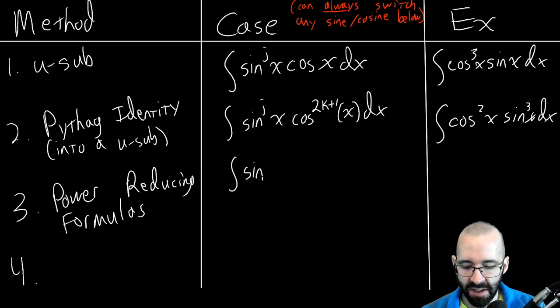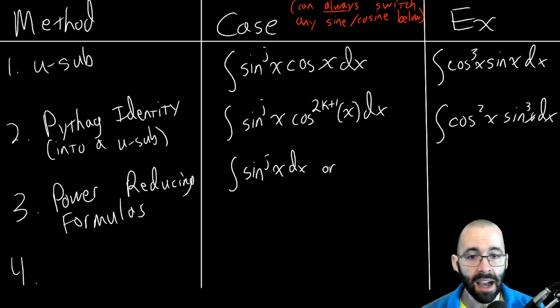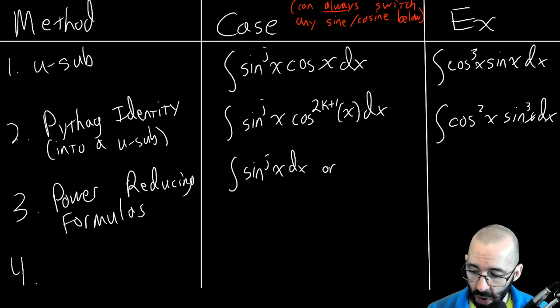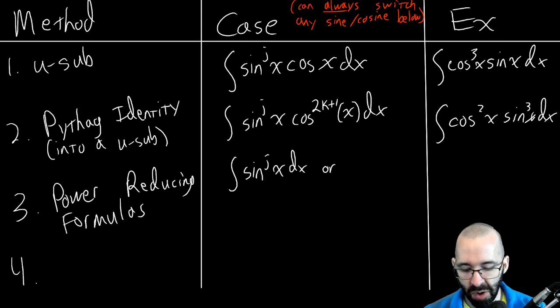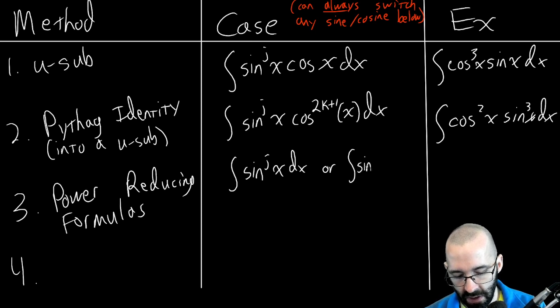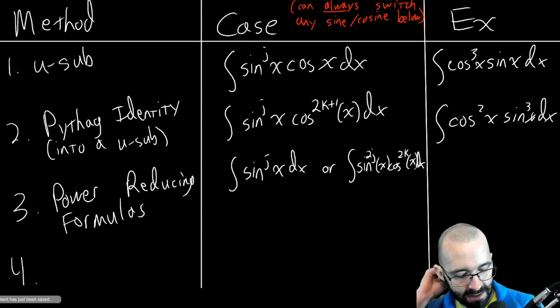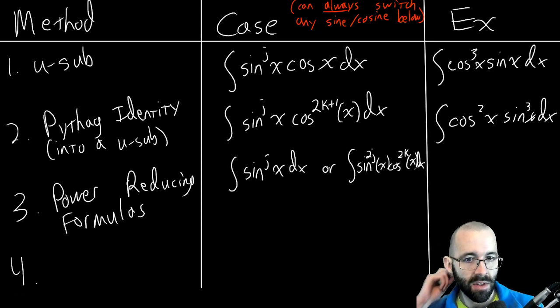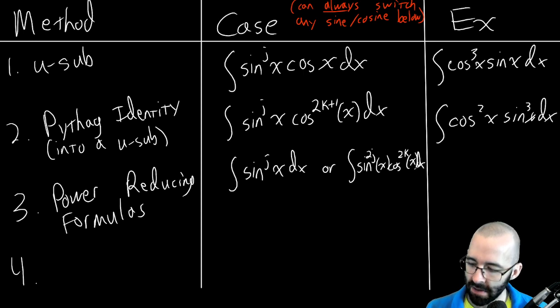Is if we have just sine or cosine to any exponent, or if we have even exponents for both. So sine to the 2j, cosine to the 2k, because it doesn't have to be the same exponent, dx. So if they're both even, or if there's just only one, then this will work.